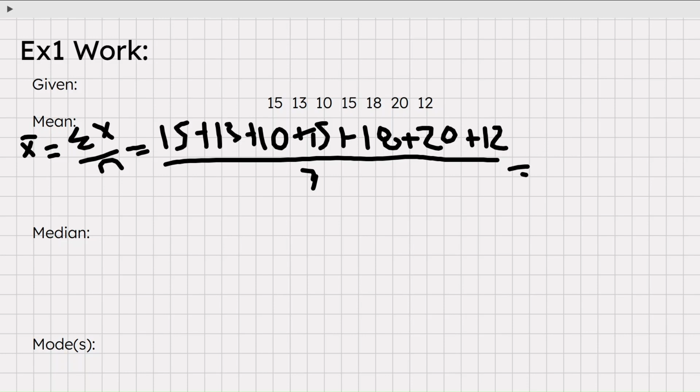And this would equal out to around 14.714 pounds.